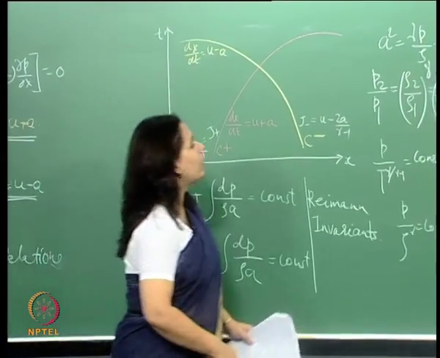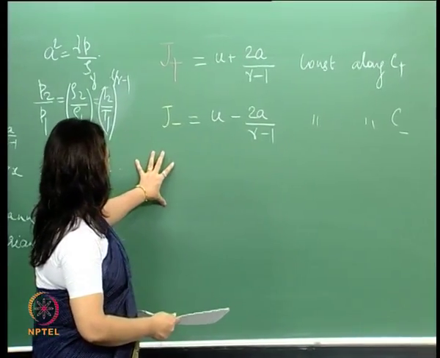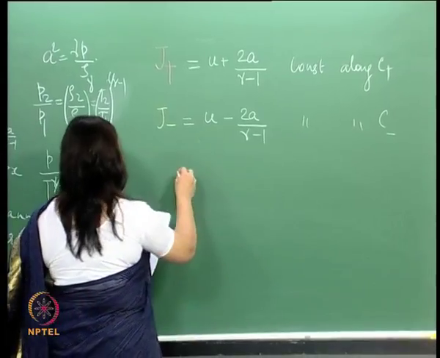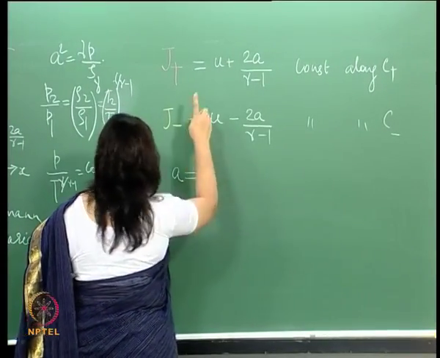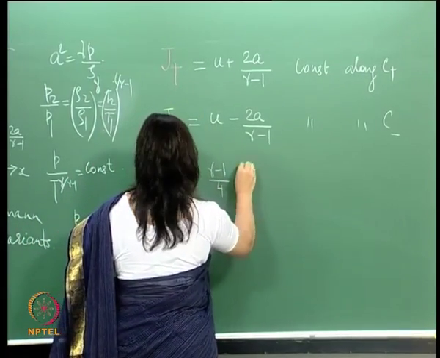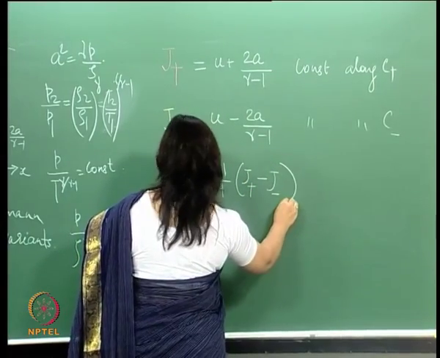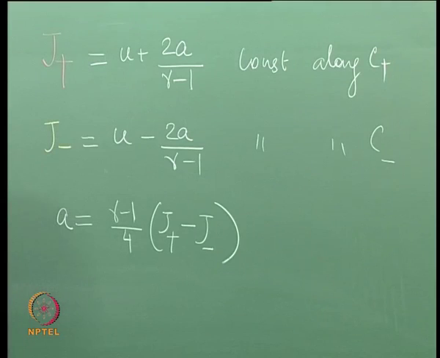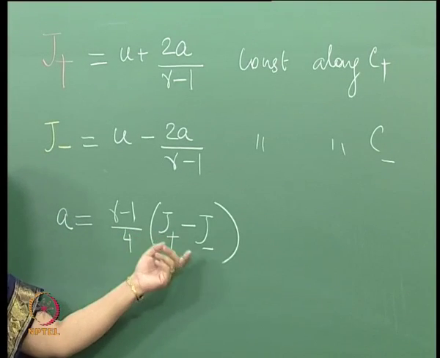So now if I come back and look at this again, I can write here that A, from these two equations, is essentially A is gamma minus 1 by 4 times J plus minus J minus.